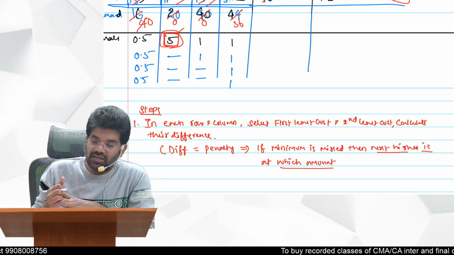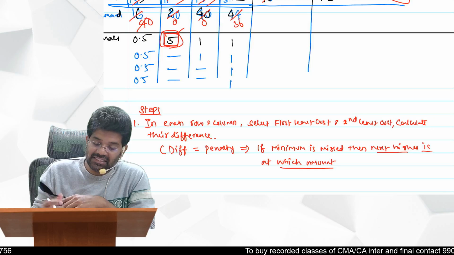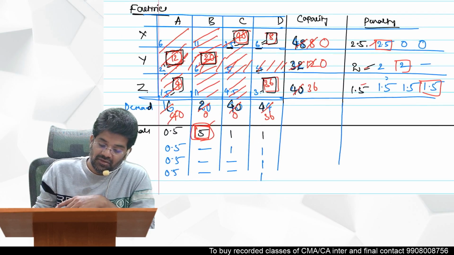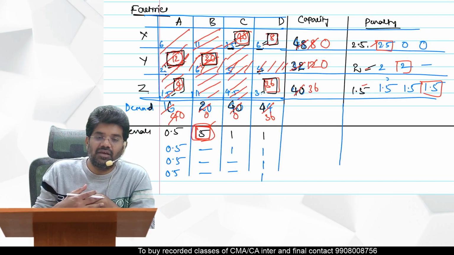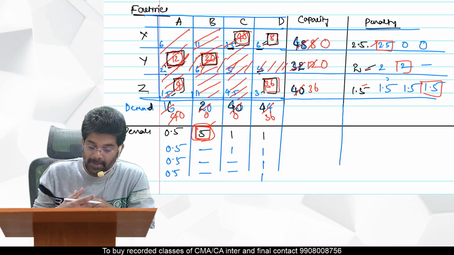Now out of that, we are taking the maximum here. Out of that we are taking the least cost, and there we are giving the maximum quantity.